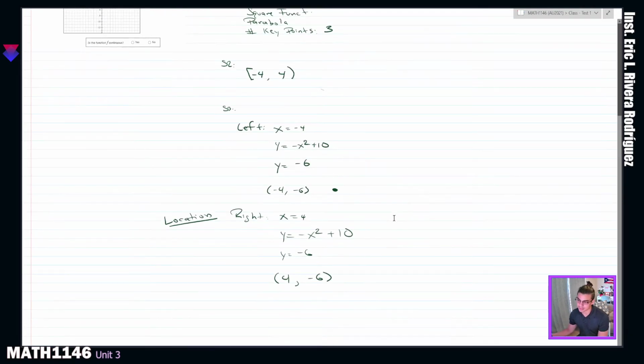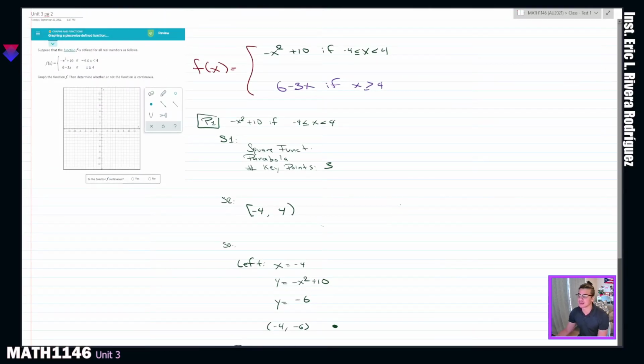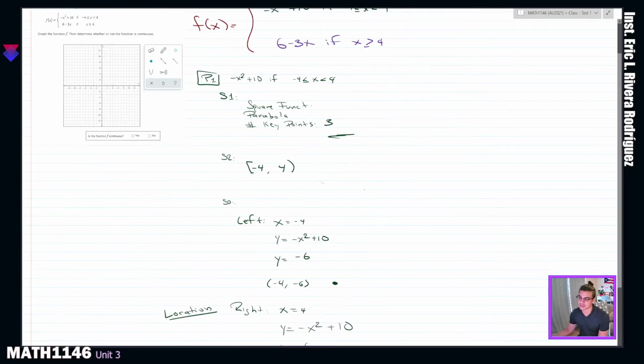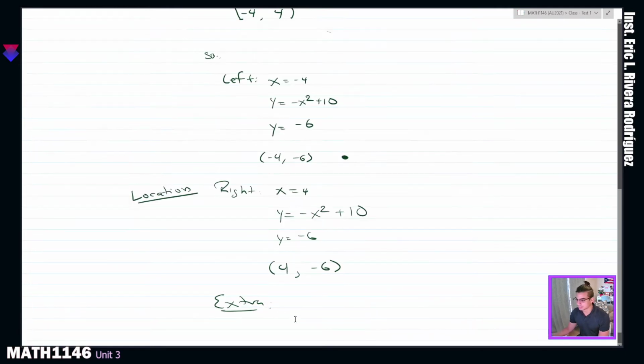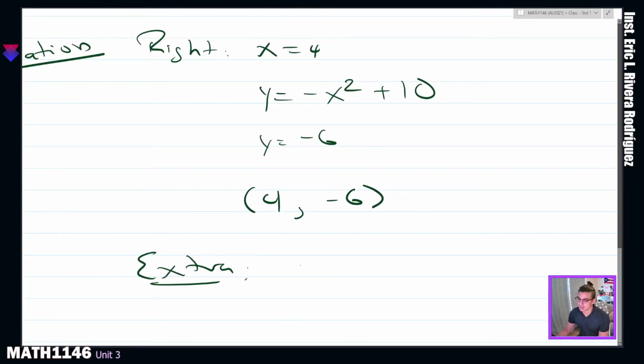What's the problem here? The problem is that the number of key points that we need is 3. So we need to find one more point. All right. So what will be the x value that we need here in order to get that third key point for this parabola?